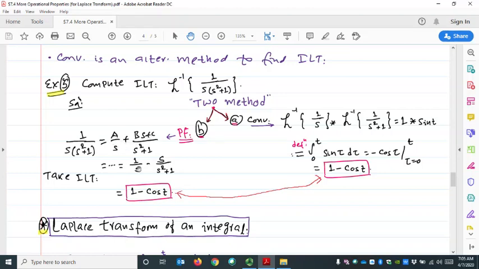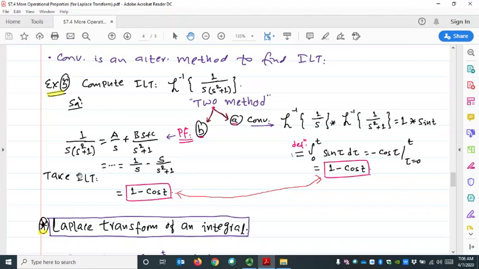We got a equals 1, b equals negative 1, c equals 0. You can check this quickly. So s squared plus 1 goes here, minus s squared goes there, s squared cancels, so 1 over s times s squared plus 1.